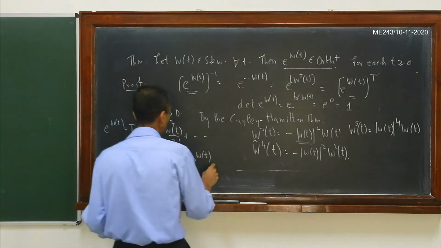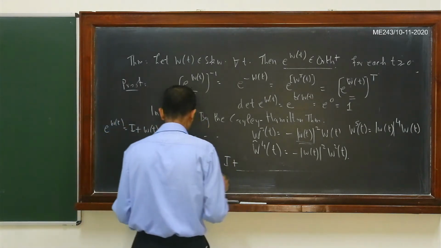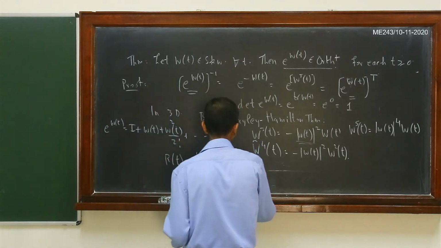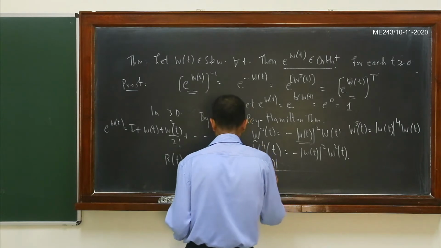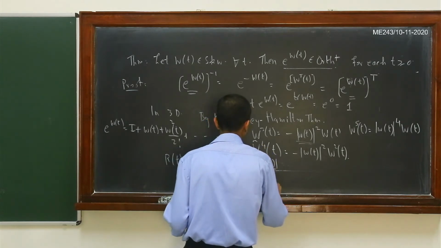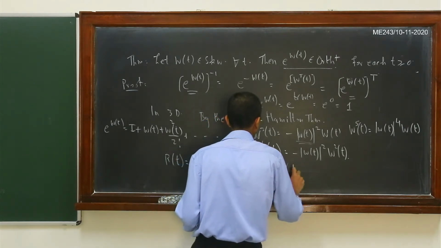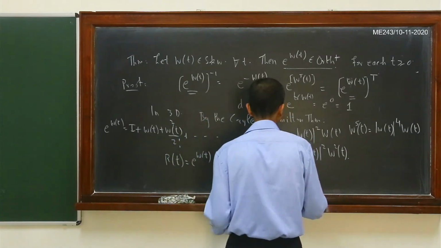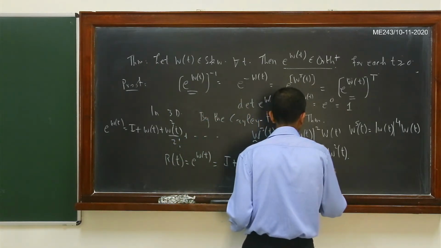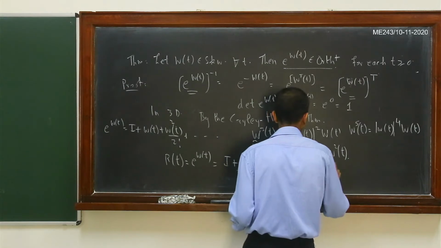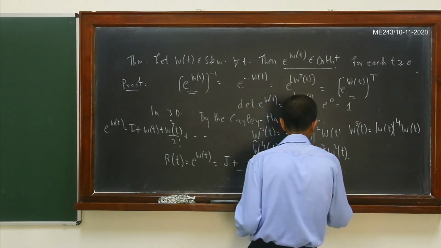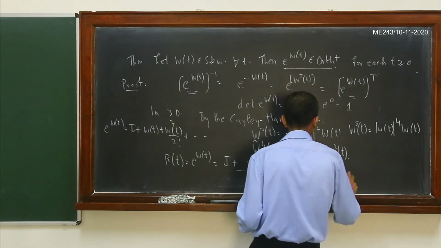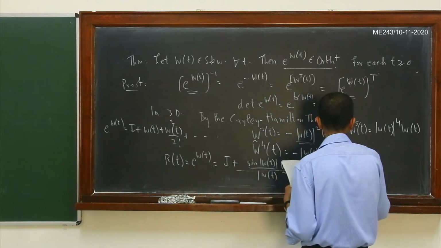This is equal to I plus sine of norm of w of t divided by norm of w of t times w plus 1 minus cos of norm of w of t divided by norm of w of t squared times w square.